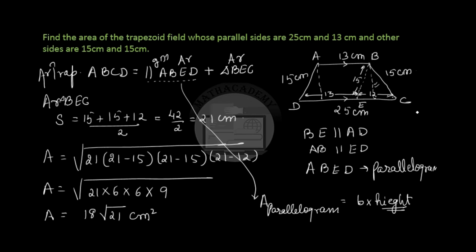So first we will find the height of the triangle. The area of the triangle we have got as 18 root 21 centimeters square. Let me quickly draw a figure here.